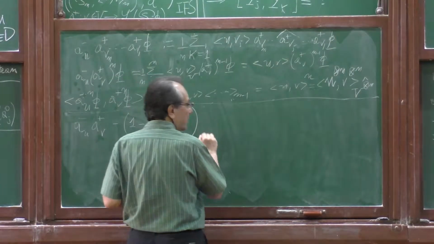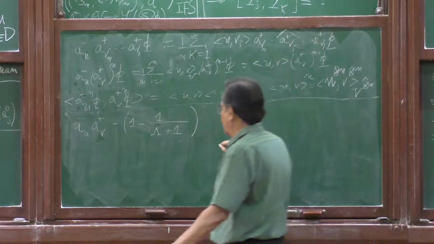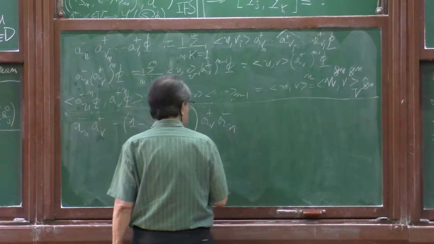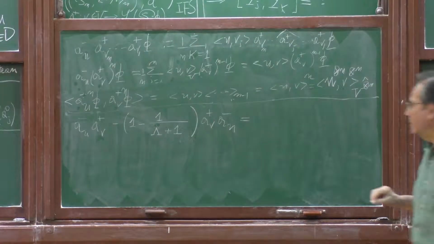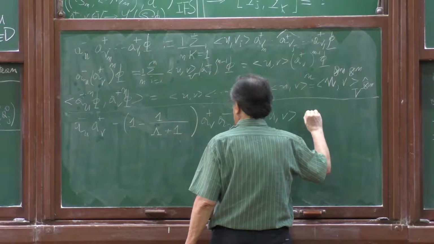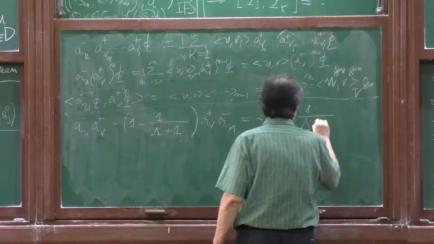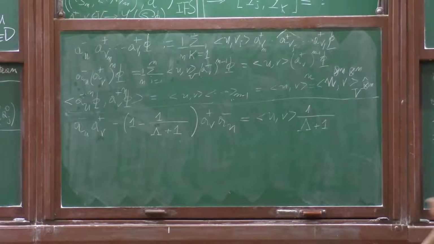Lambda plus 1. A dagger V A U minus is equal to UV times 1 over lambda plus 1. So you get an awful deformation of the standard Fock space with nothing to do with the usual Fock space. Okay?